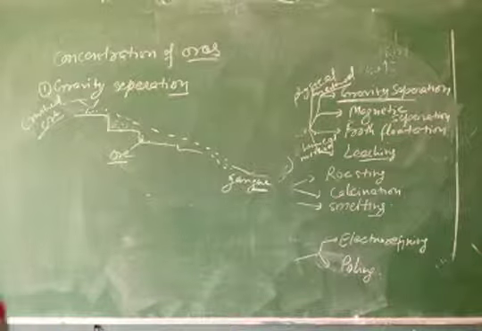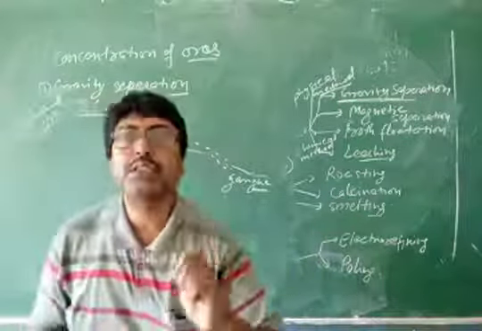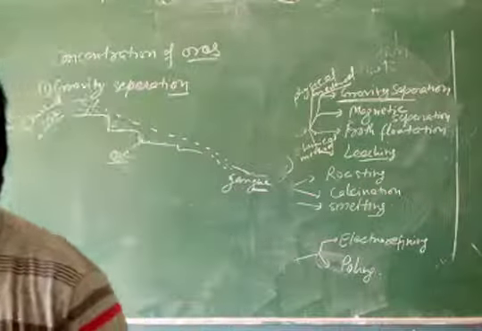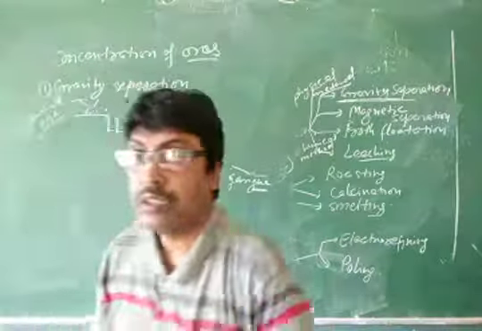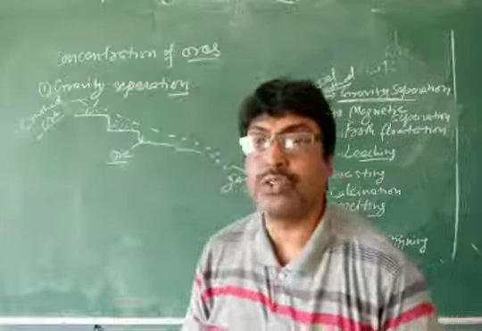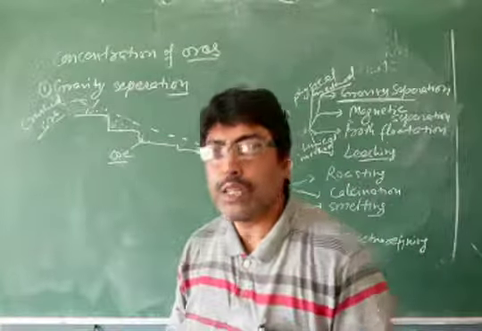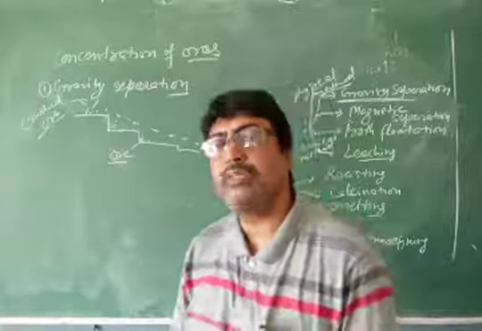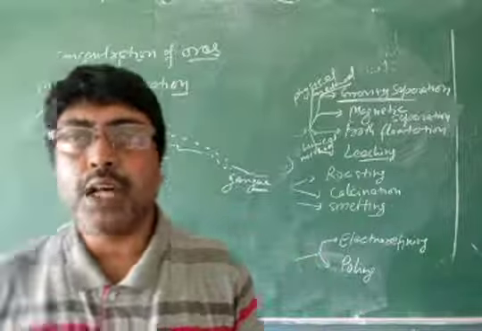This method is used for the concentration of iron ore or the concentration of gold also, because gold is heavier than the gangue particles, and the gangue particles are washed away. It is also applied for the concentration of iron, because iron has high density.